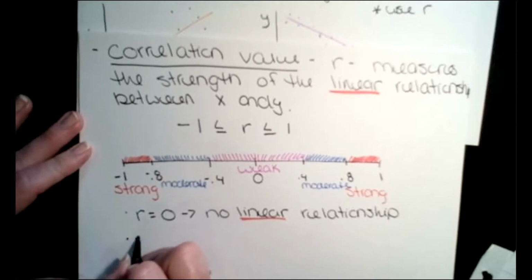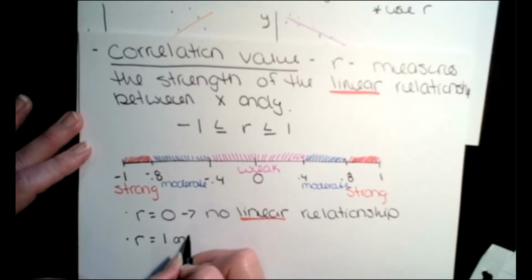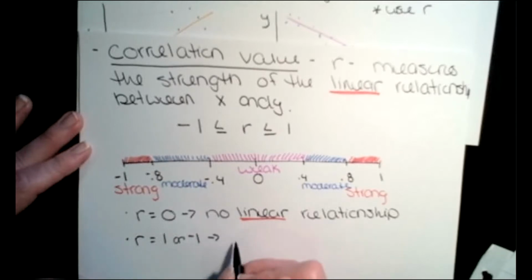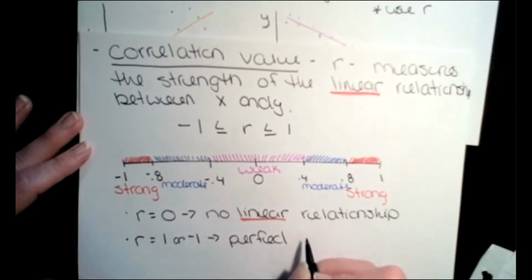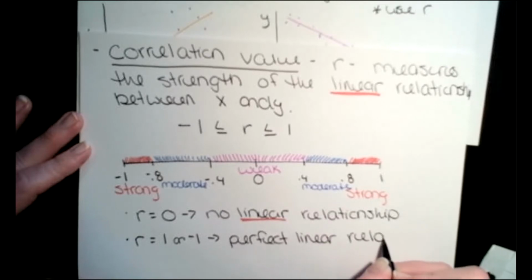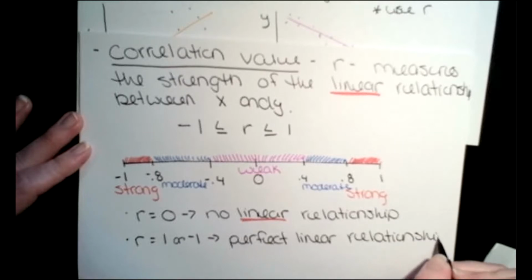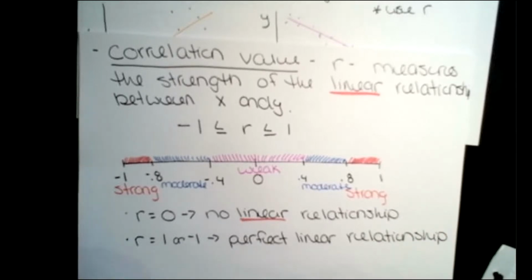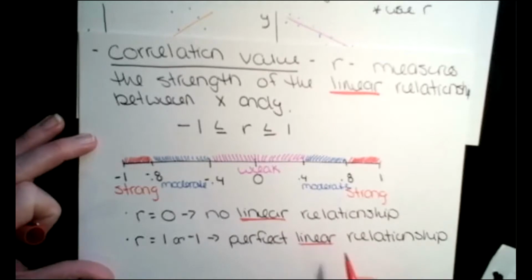Or if we have an R that is equal to +1 or -1, then this is what we consider a perfect linear relationship. And here we would look at our points making a perfect straight line.